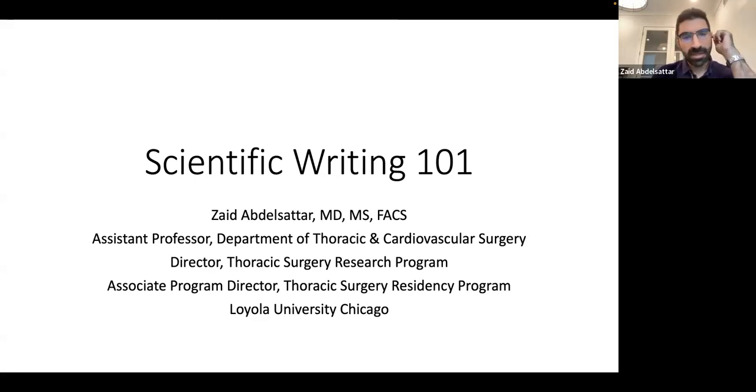So I will talk today about scientific writing 101. This will work for surgeons, non-surgeons, medical students, anybody who's really interested in publishing. It's a very easy recipe that I learned throughout my years. Not to say that this is the only recipe, there are multiple recipes, but I think this makes it easy.